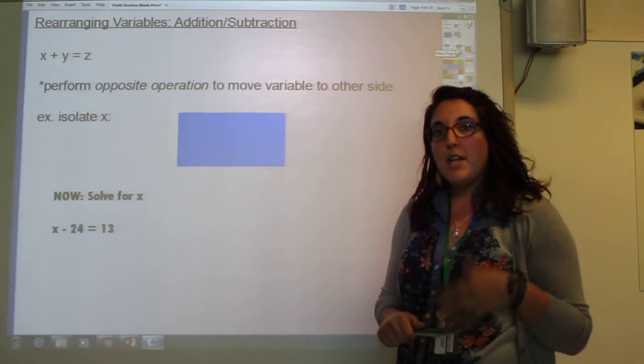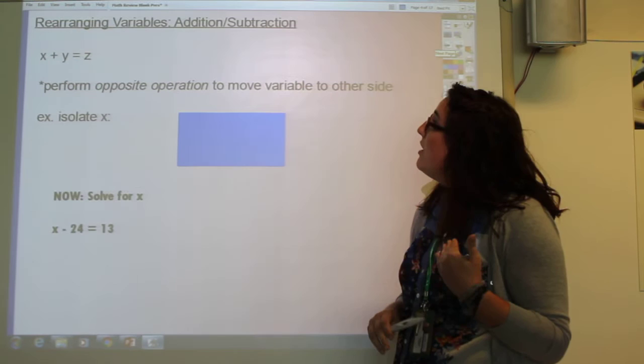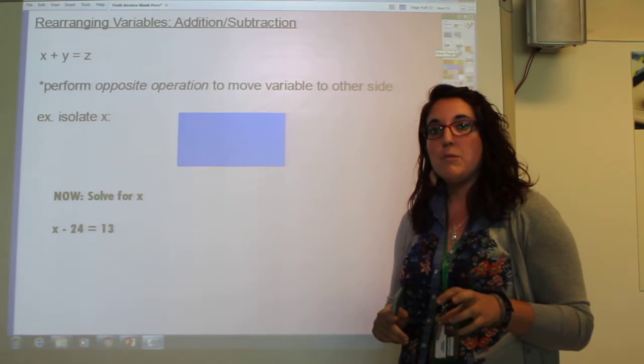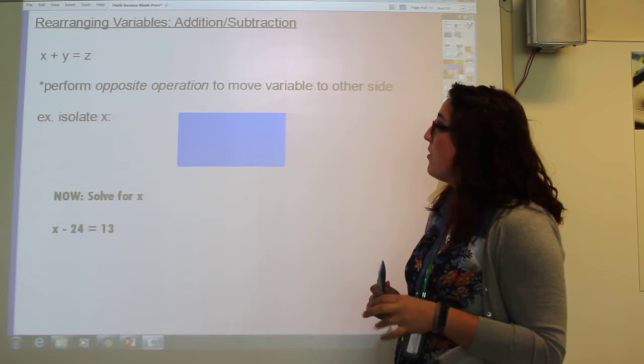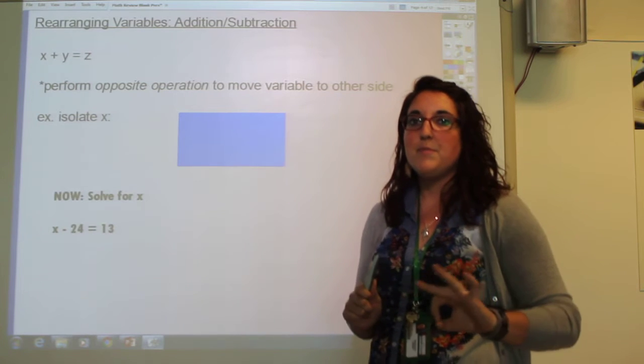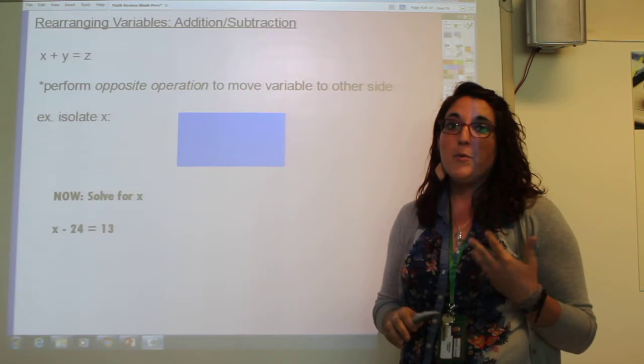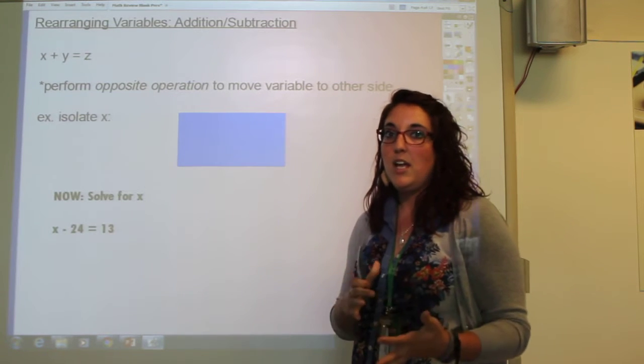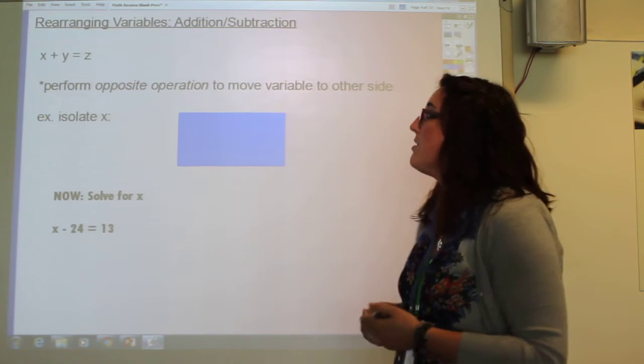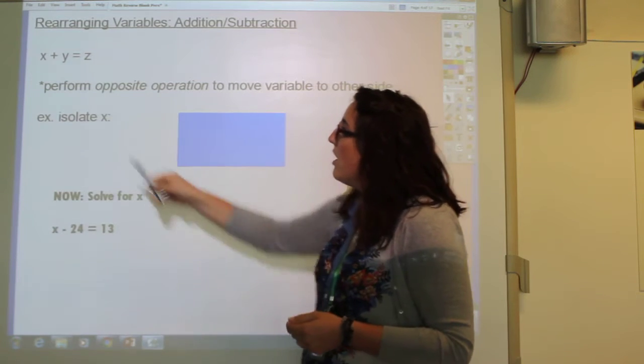Next thing we're going to discuss really quickly is simple algebra problems. And the first topic in simple algebra problems is addition and subtraction of variables, or problems that contain variables and numbers sometimes. So in this case, we're just looking at variables.